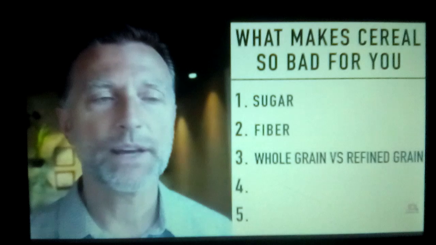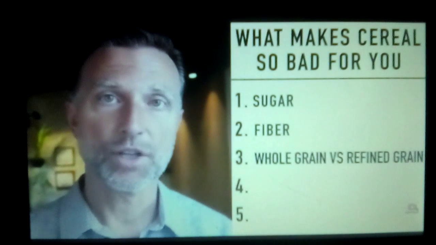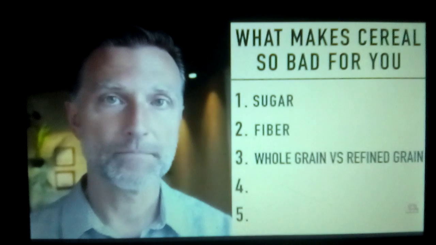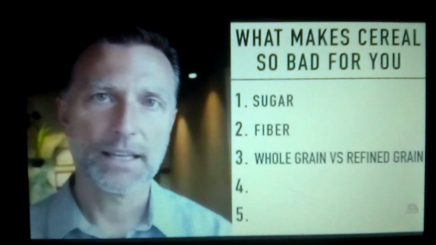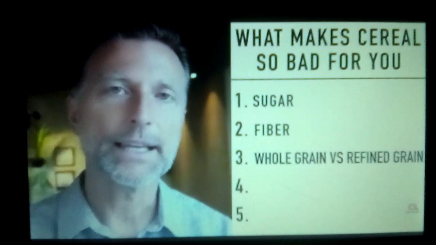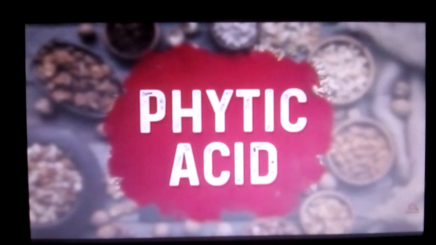And if you're not familiar with phytic acid, it's a very potent binder to key nutrients like iron, zinc, magnesium, manganese, calcium, copper. So the phytic acid in the whole grains binds these nutrients, making them unavailable to you.